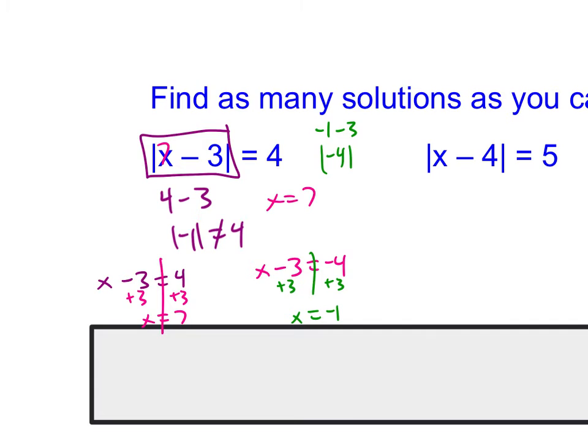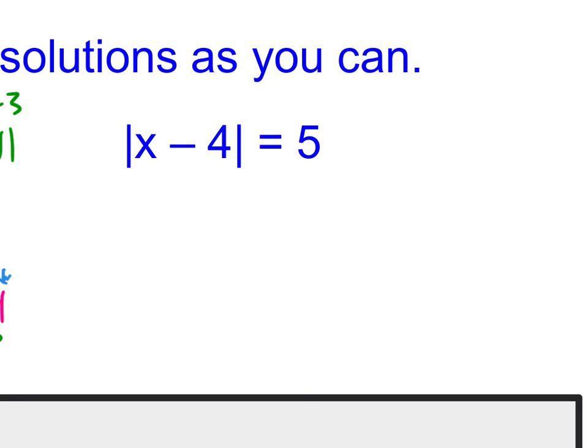The absolute value of negative 4 would be positive 4. So what I'm seeing here to start is we have to do this positive side and we have to do this negative side. We're looking inside and saying, what does the absolute value have to be equal to? Well, the absolute value has to be equal to a positive 4 and it has to be equal to a negative 4.